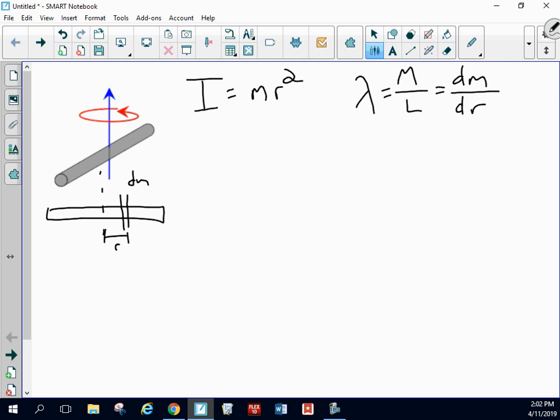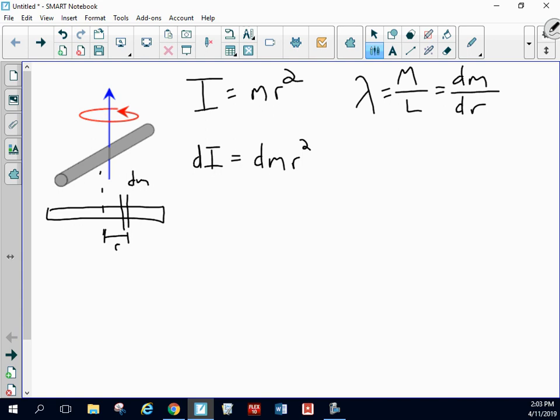To find the moment of inertia of this or anything, we're going to figure out what the moment of inertia of our tiny chunk is. Its dI is equal to dm r squared.